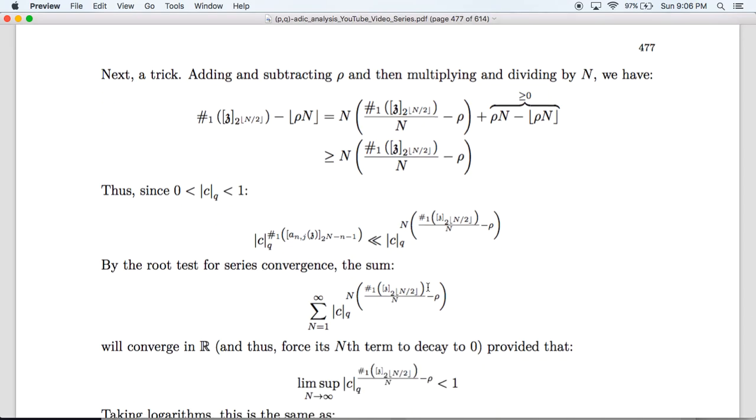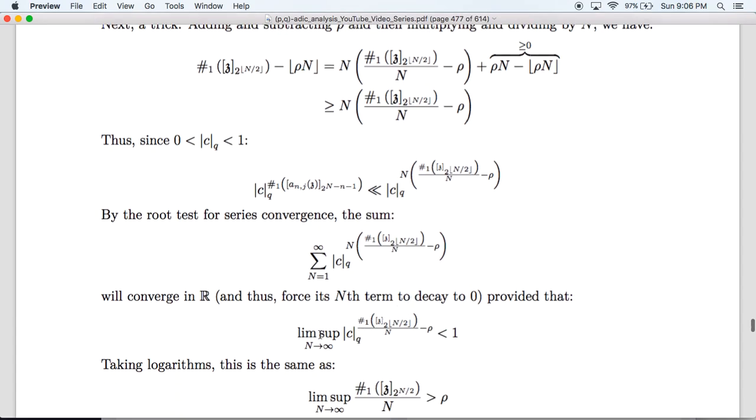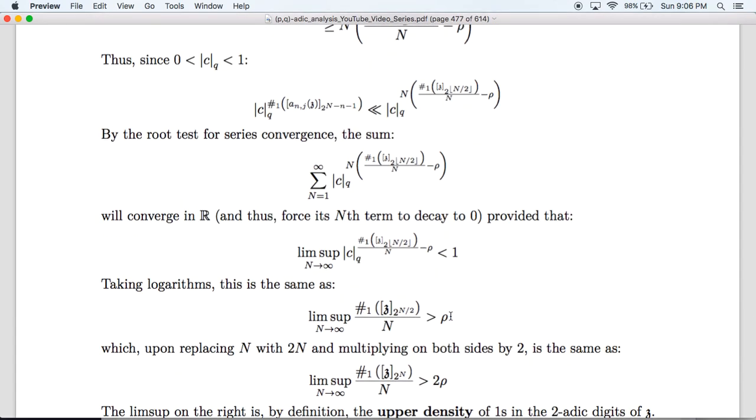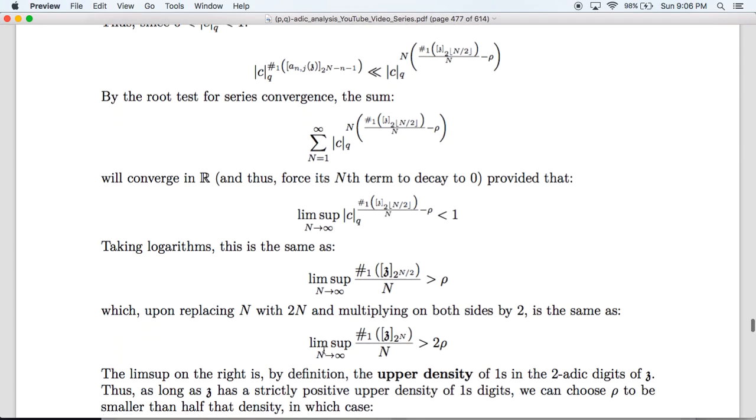Now, by the root test for series convergence, this sum will converge in R, and necessarily that will force its nth term to decay to 0 in the reals, provided that this supremum holds true. Taking logarithms, we get this. And so now let's replace big N here with 2 big N, and then multiply both sides by 2, and we get the following.